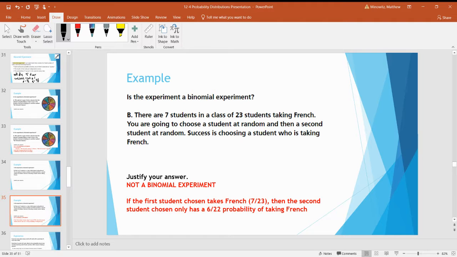As soon as I'm dealing with situations where I'm not replacing something or the probability is changing every time, that's not binomial. It's not going to help us in the next formula we're going to use. Those are still legitimate experiments, but then we have to calculate the probability differently.